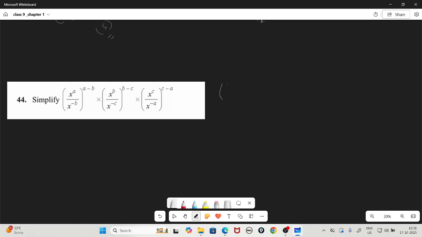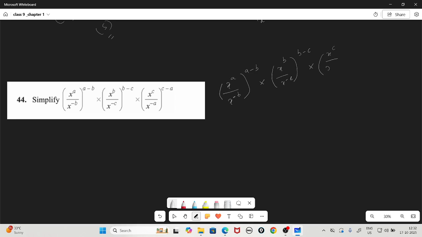Just see that x raised to the power a by x raised to the power minus b is x raised to the power a minus b. Just keep on solving the thing in a methodical way and you will get the answer. Don't panic by looking at the problem.